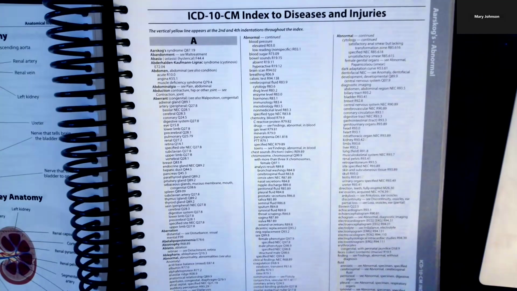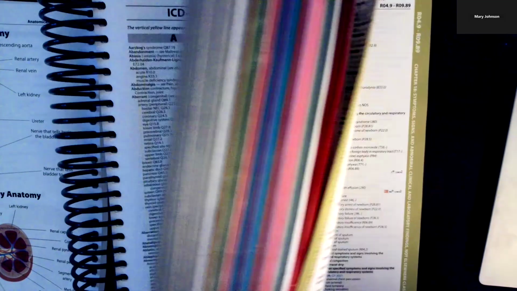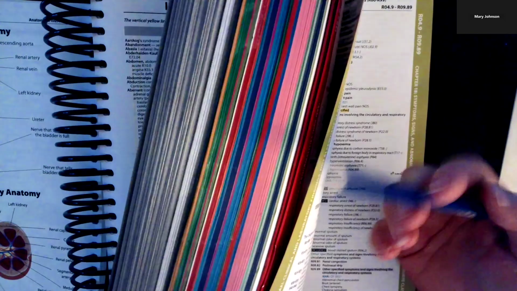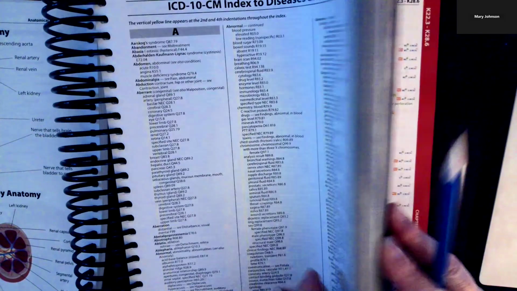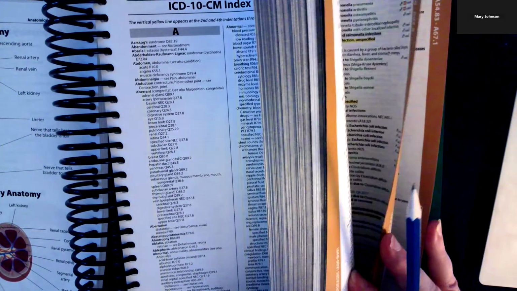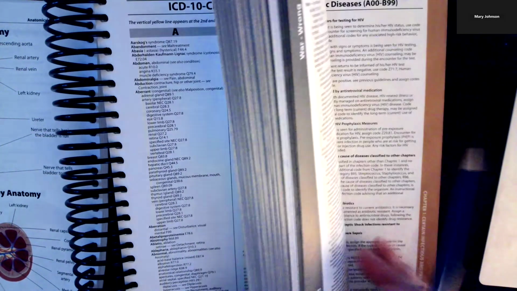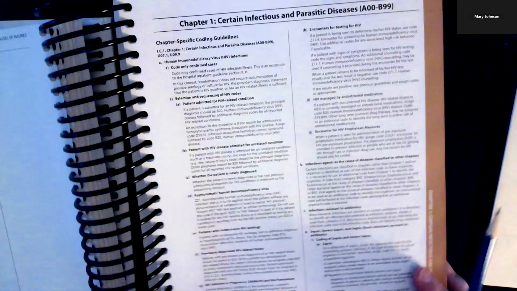All right, after the alphabetic index, if you will notice when I hold up the sides of the edges of the pages, they're color-coded. This is what is known as your tabular list. So see if you can find the beginning of the tabular list. All right, do you see this?